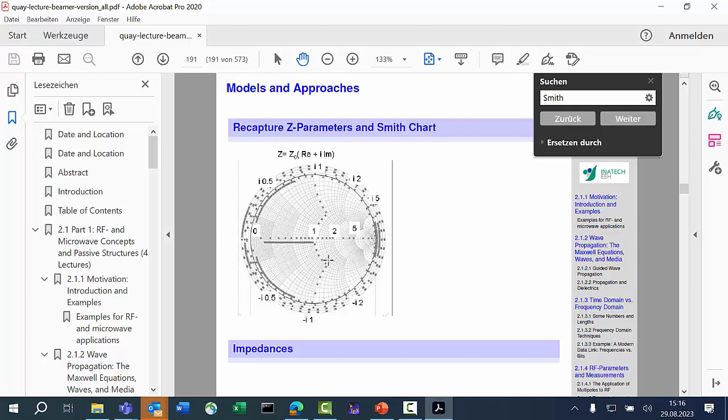The only thing you have to do is say, I'm doing this now in a 50 ohm system, or in a 100 ohm system, or in a 200 ohm system. The question would be, why on earth does he change the reference impedance? And that is very simple, because it helps you.